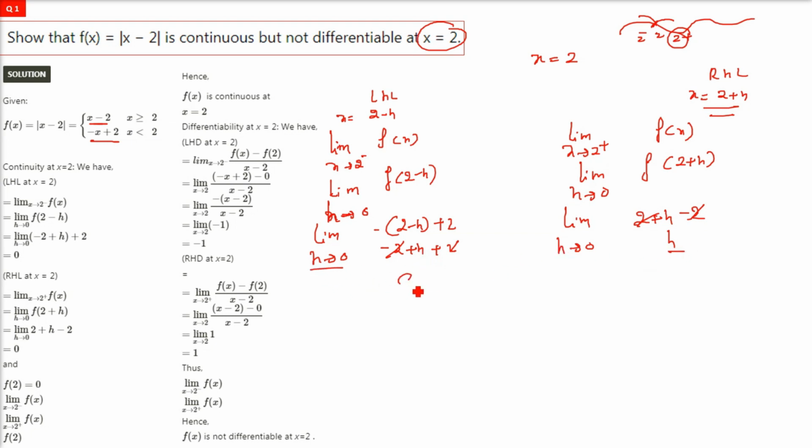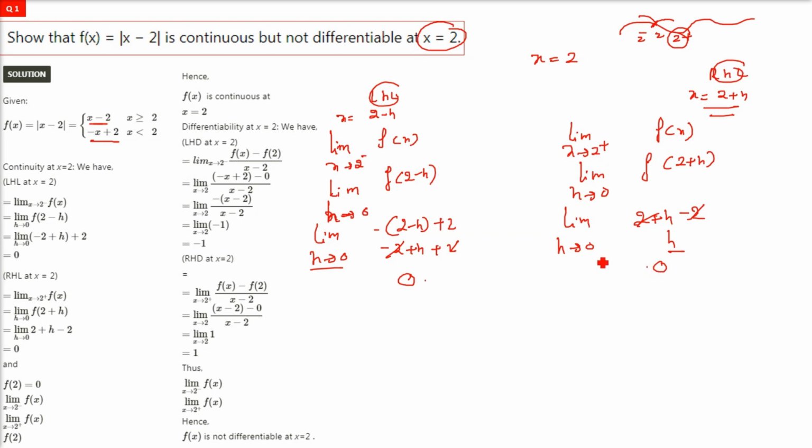When you apply the limit, it is going to be 0. So LHL and RHL are both equal. That means the continuity is there. This function is continuous. This is continuity, the first step.